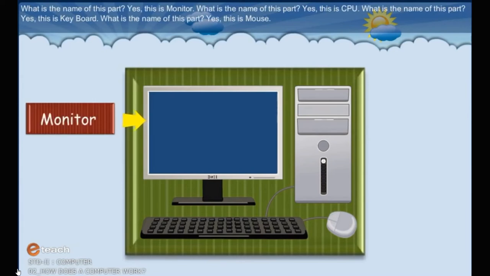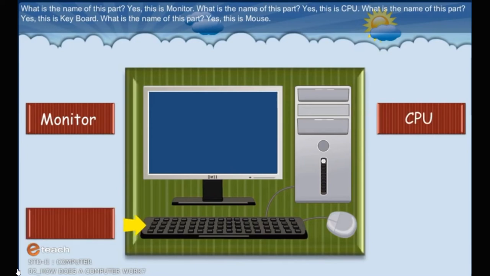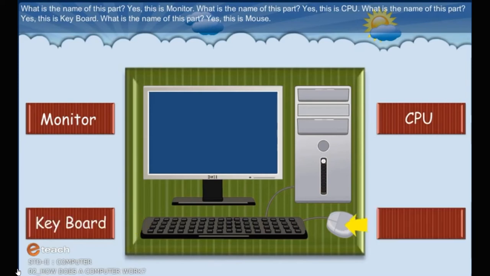Yes, this is monitor. What is the name of this part? Exactly, this is CPU. Now what is the name of this part? Yes, it is keyboard. What is the name of this part? Yes, this is mouse.